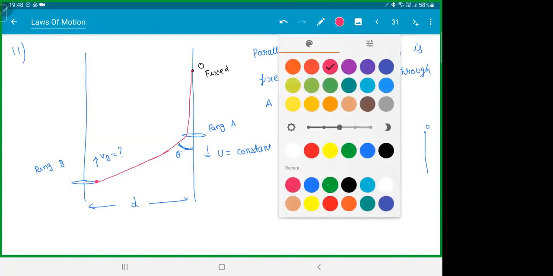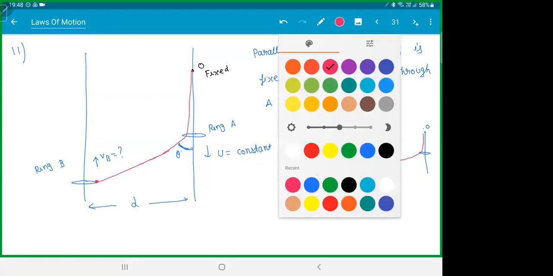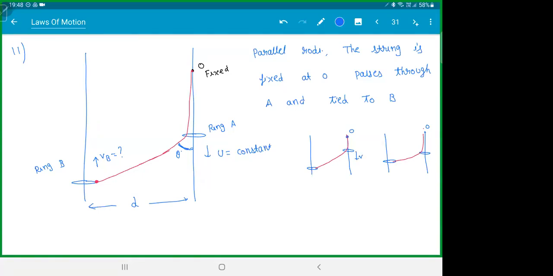Initially, it was like this, and the ring has come somewhere here. Then the string has become like this. You're getting how it is going? As you're pulling this ring down, the B ring will go up to compensate. This is going up. So the question is, find the velocity of B.